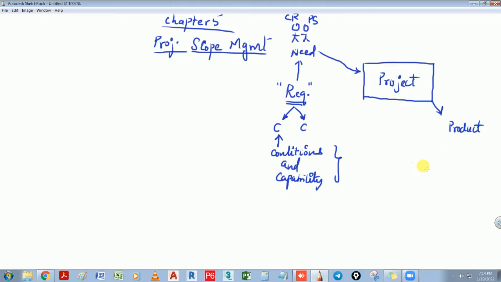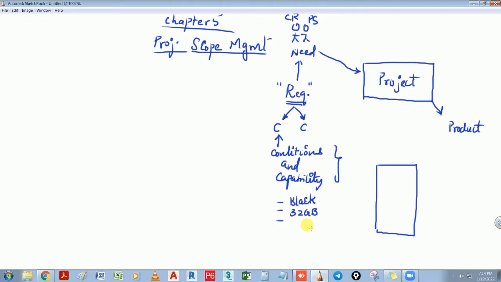For example, you come and say, John, I need one mobile. This mobile must have these conditions. Let's say it should be black in color. It should have, let's say, 32 GB memory.